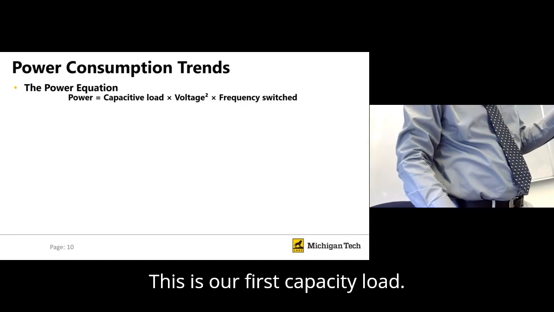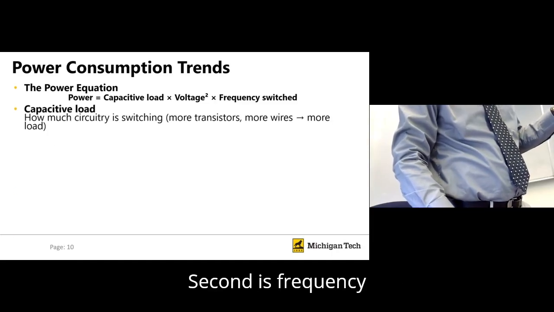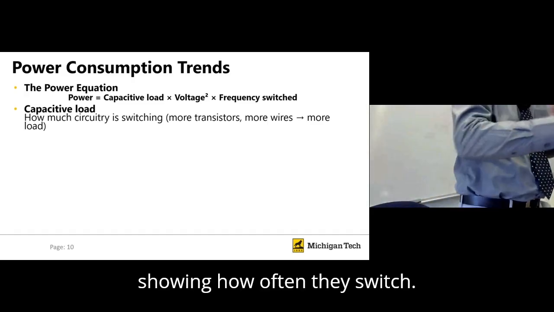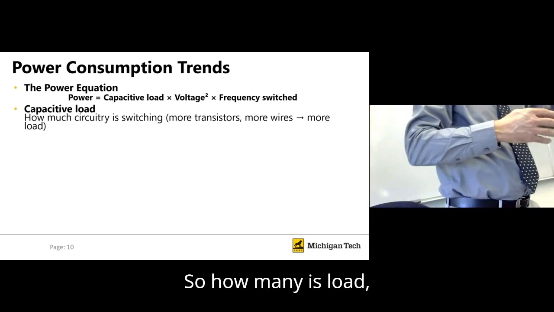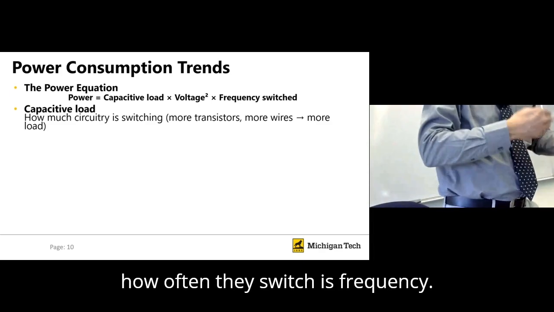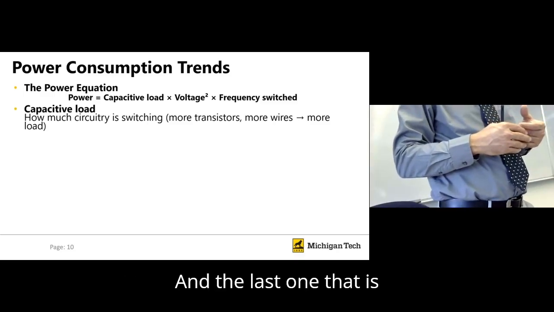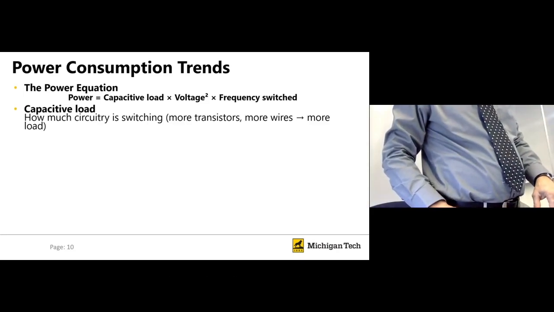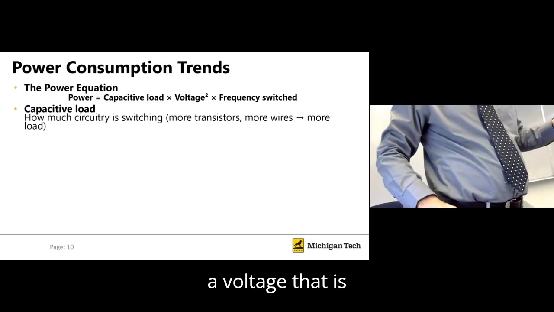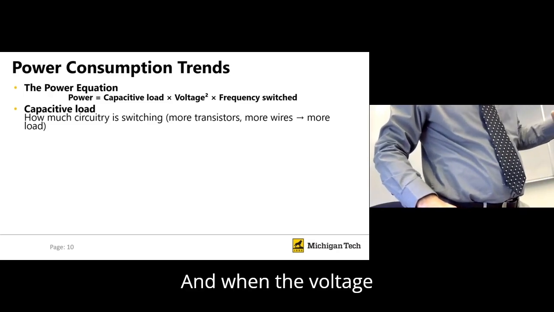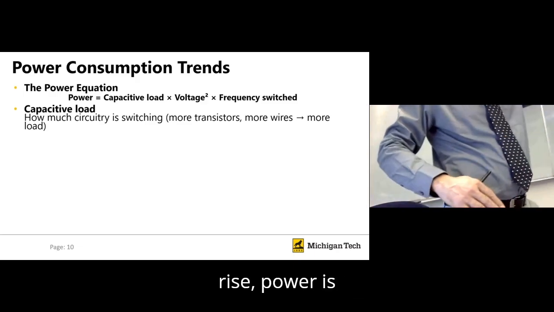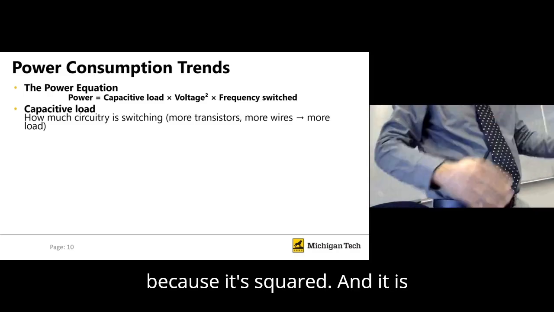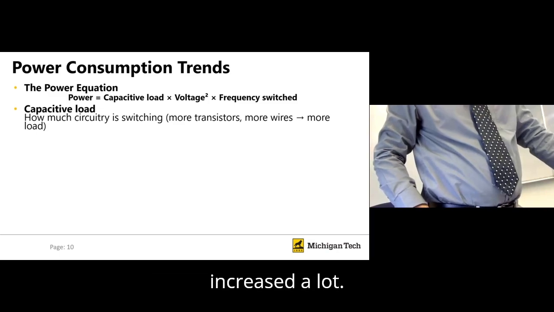Second is switching frequency, which shows how often they switch. So load is how many, and frequency is how often they switch. And the last one, which is actually more important, is voltage, which is squared. When the voltage rises, power skyrockets. It's because it's squared, and it increases a lot.